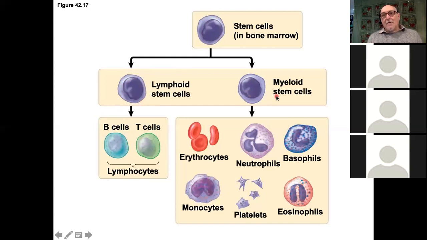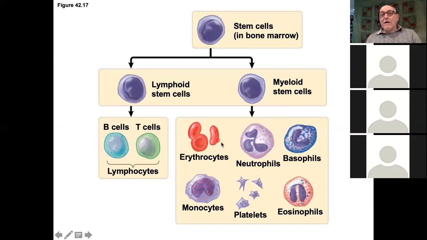The other line that can be set up is called the myeloid line, and the myeloid line leads to a very, very diverse group of blood cells. It's the myeloid line that gives rise to the erythrocytes, and then to many of the other leukocytes that we see.